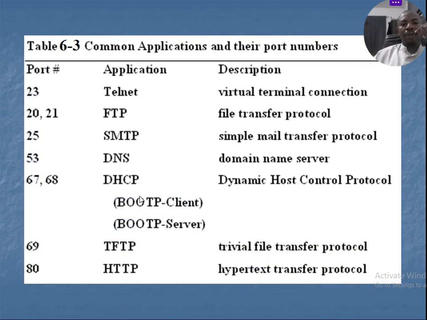But let's take a look at the commonly used ports, the applications you find there and their descriptions. First of all, port 23 is used for Telnet. Telnet is one of the protocols in the application layer, and it's used for virtual terminal connection.